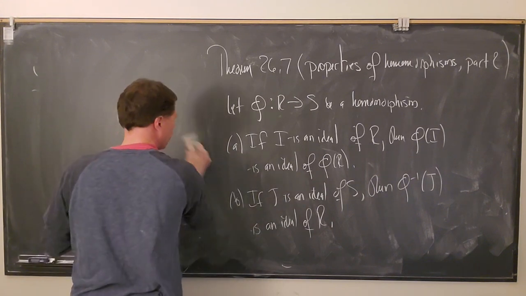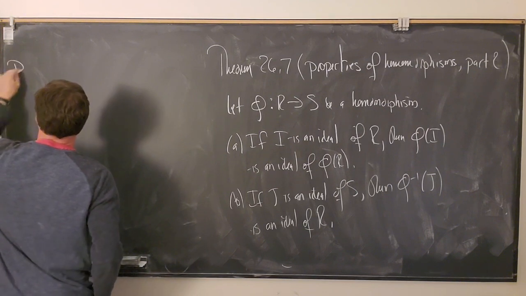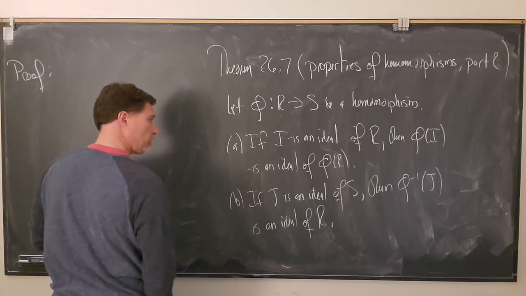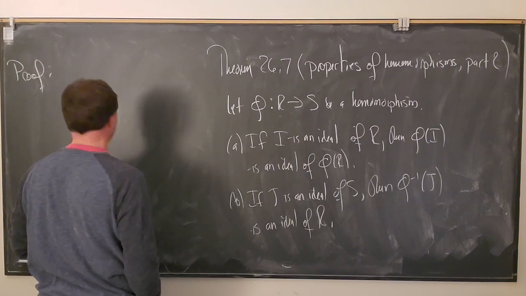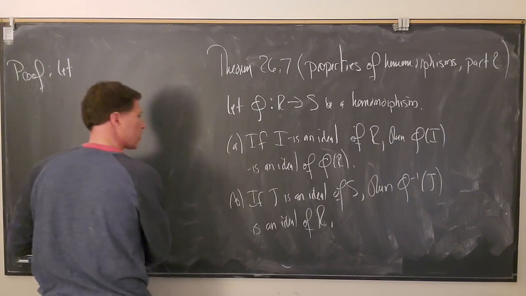So I'm going to prove one of the parts and leave the other one for you. Let's look at part A. I need to apply the ideal test. First of all, it's non-empty.